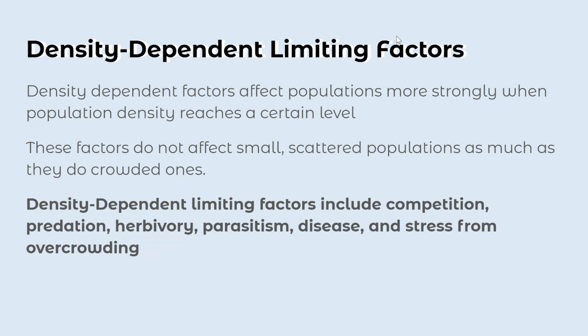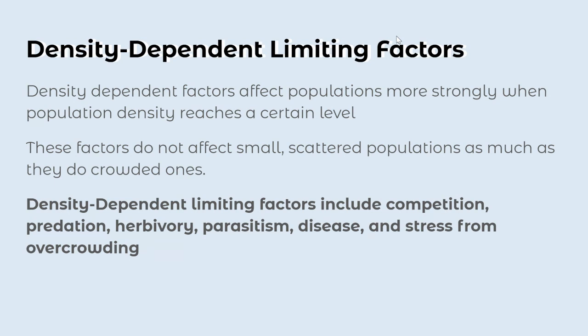The more organisms in a population, the more tightly packed together, the more effect that these limiting factors will have. Small scattered populations don't necessarily get hit as hard by these density dependent limiting factors as really crowded ones do.